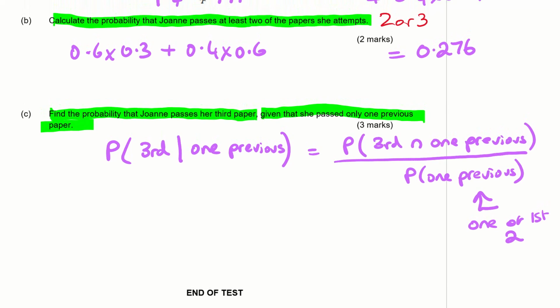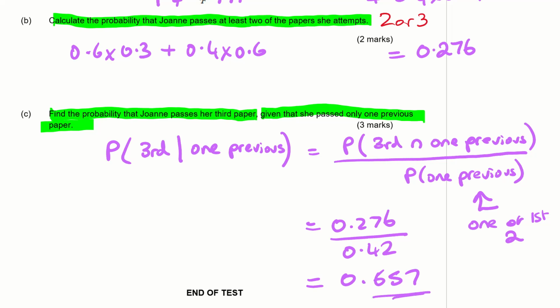So we've got the 0.276, and then we've got the 0.6 times 0.3, add 0.4 times 0.6, which is 0.42, and then we just want to calculate that. And it gives me 0.657. And we could give it as a fraction instead, but I'm just going to give it there.